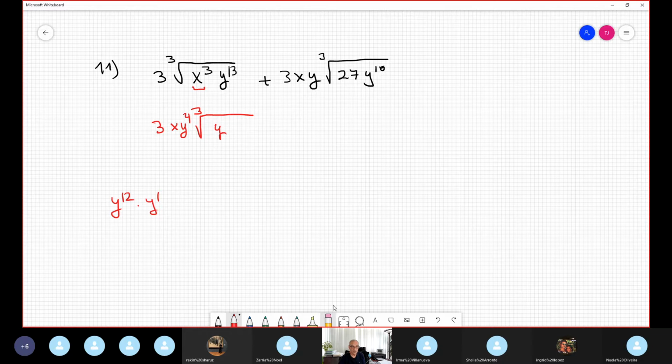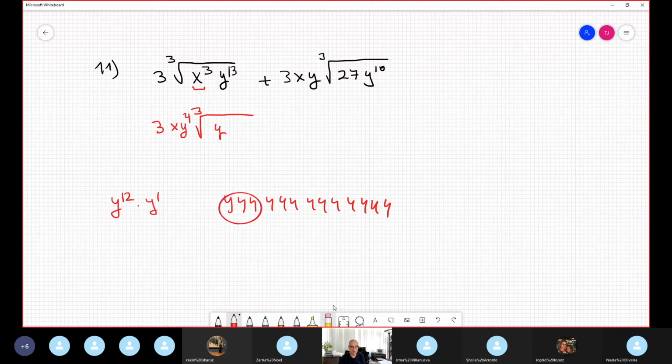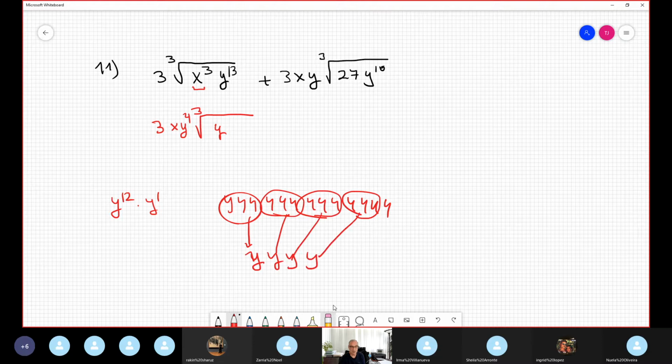Okay. Another point of view. 13 is 1, 2, 3, 4, 5, 6, 7, 8, 9, 10, 11, 12, and 13. And you select one triplet of y, another triplet, and another. Each triplet goes outside like a y, and the multiplication of those is y to the 4th. And only this stays inside.